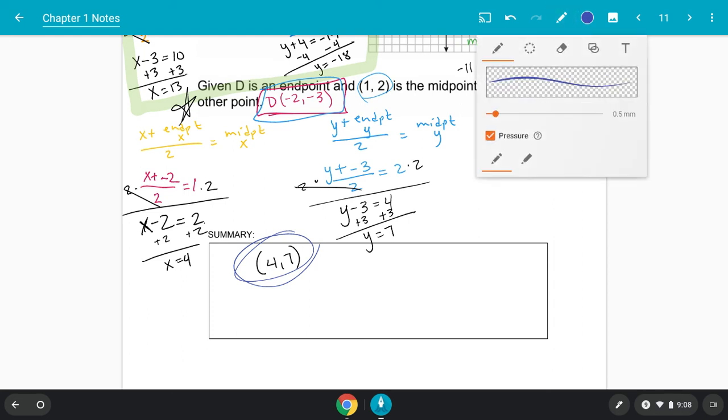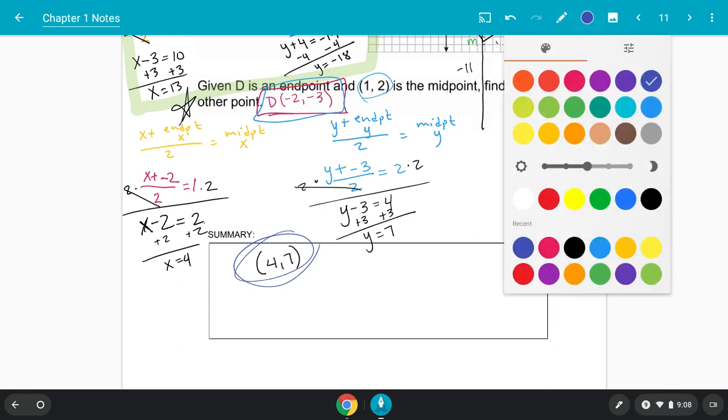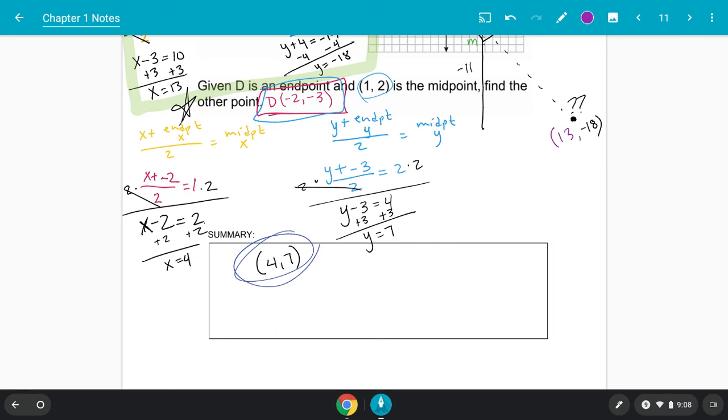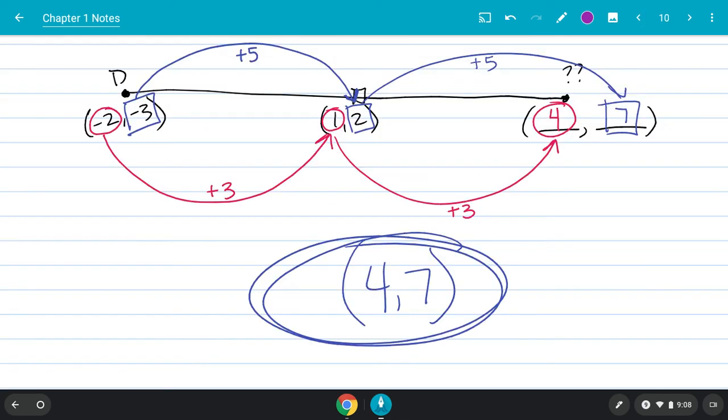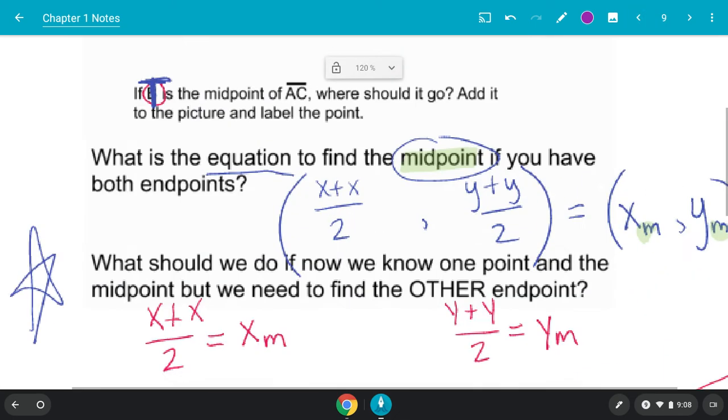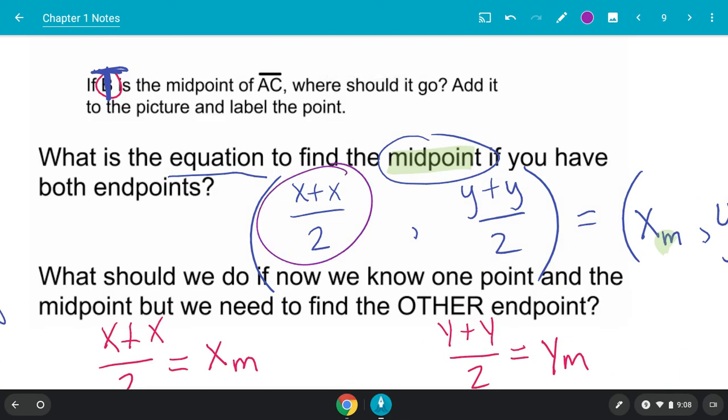So the big difference between yesterday and today is that yesterday, if it says find the midpoint, this is the easier one. You simply add them up and divide by 2.